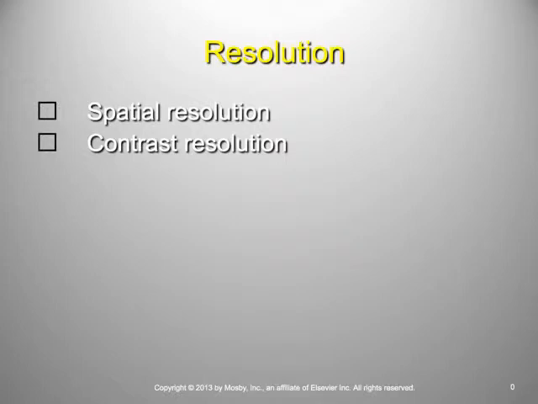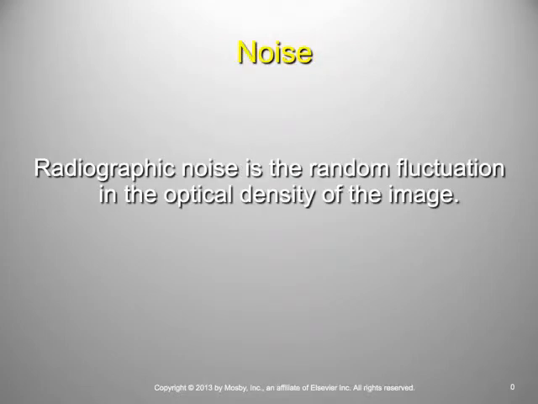So the enemy of both of these is noise, and noise is going to be any kind of random fluctuation in the values that we've got on the image receptor, okay? Again, noise is given as this random fluctuation, right?